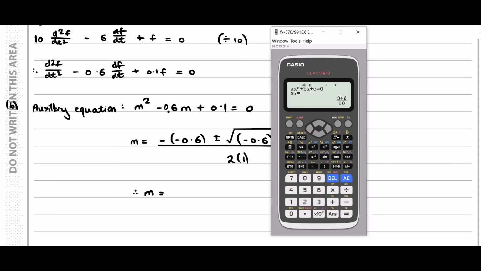We have (3 plus i) over 10, which is the same as 0.3 plus minus 0.1i.